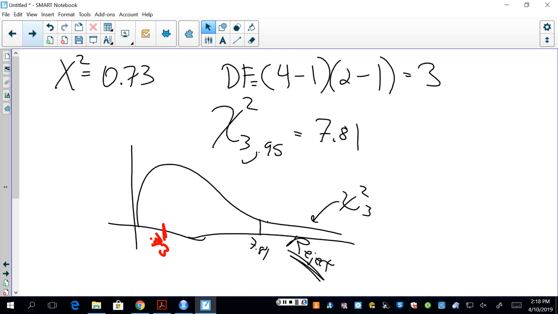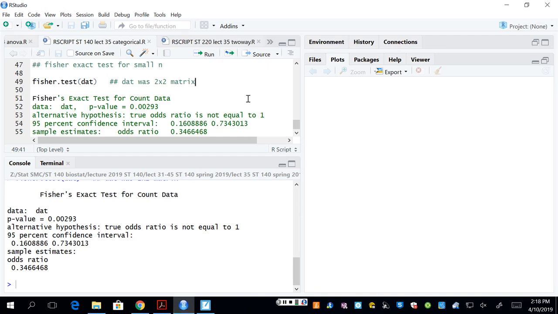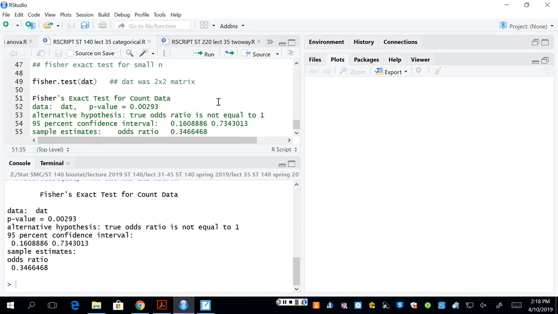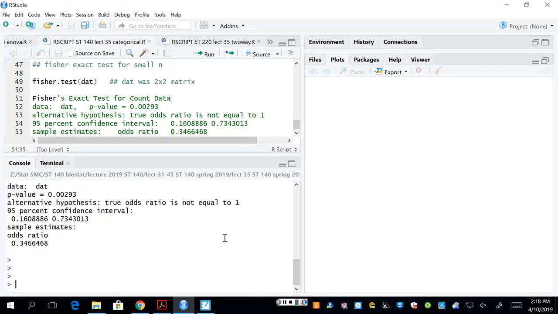In R, on the handout, you can enter data like that without a whole lot of trouble. So here, is that not on the handout? Right. I did it though. So what are the data?